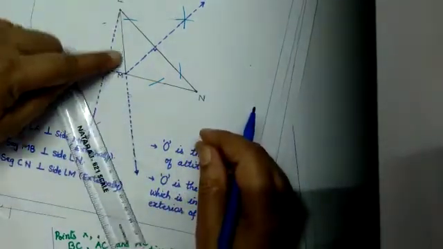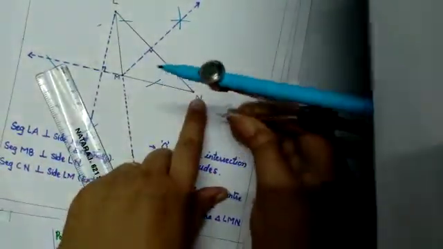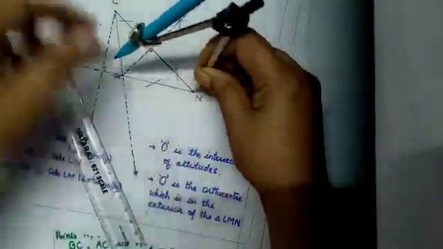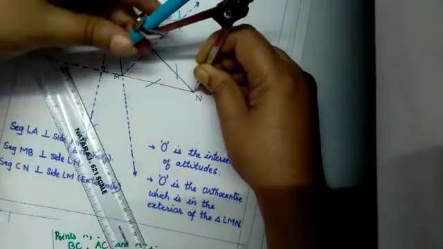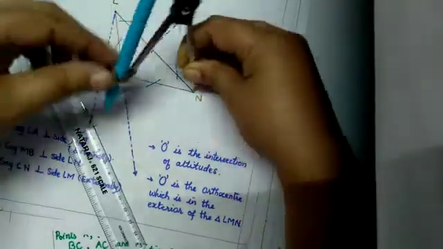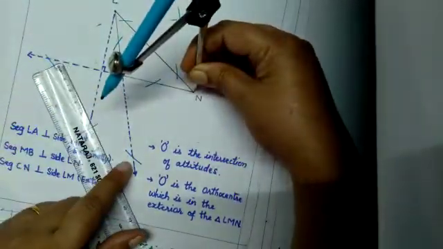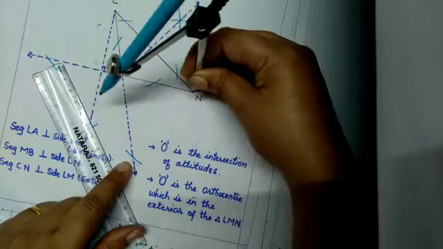So this line LM is extended now. Now we will draw perpendicular from the vertex N. So let us take two arcs towards side LM. In this way one arc is on this side, another arc towards this dotted line. Okay, these two arcs we have drawn.